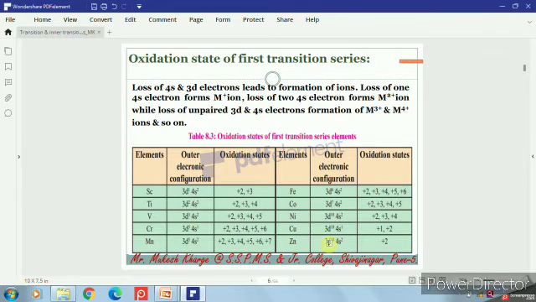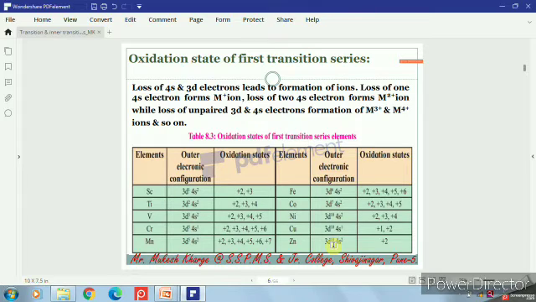After loss of 2 electrons, Zn2+ electronic configuration becomes argon 4s0 3d10.